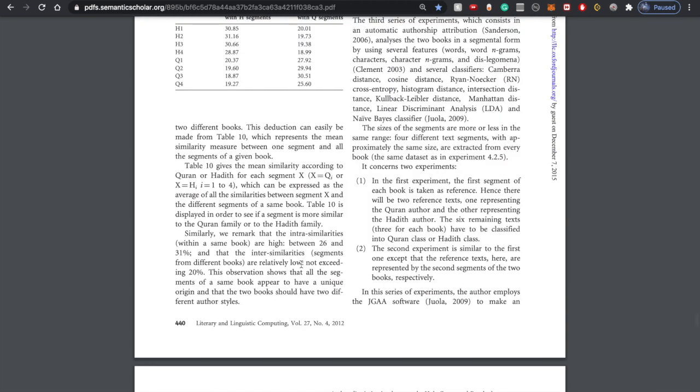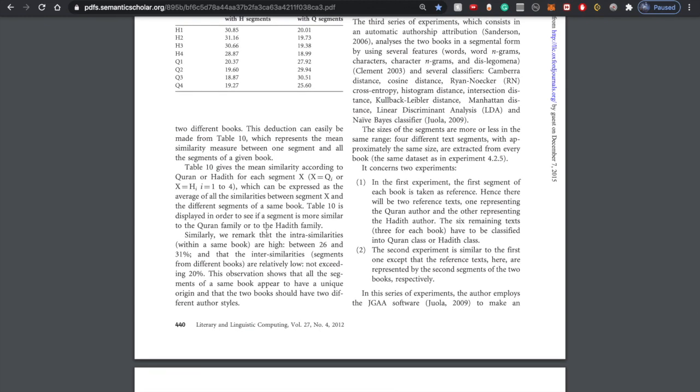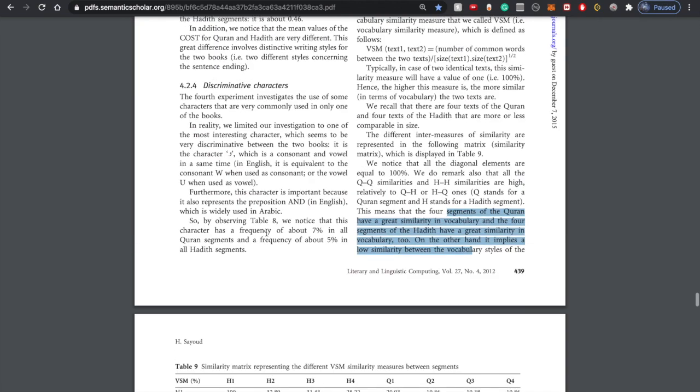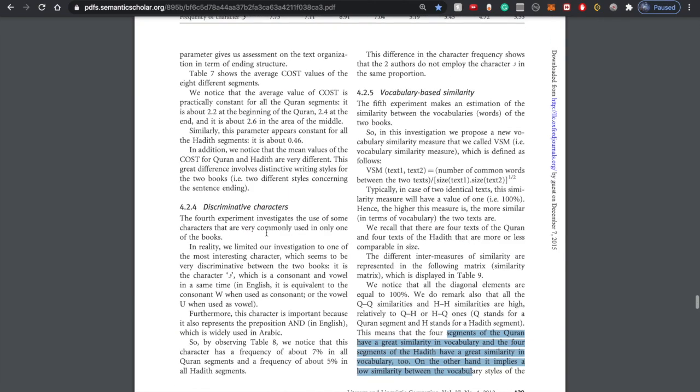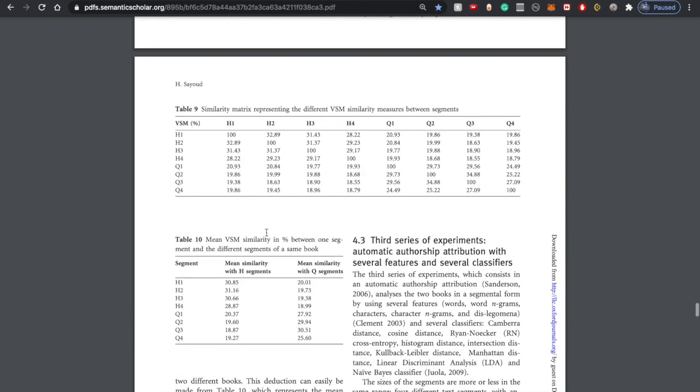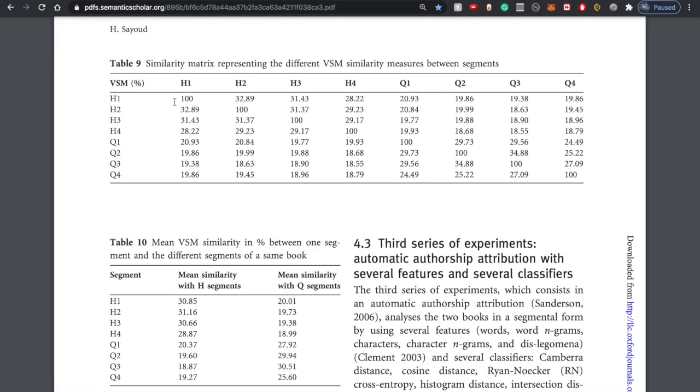And so, if you look at the results here, they're in Table 9. Let's see if they mention it. Just want to make sure. Anyway, here we go.